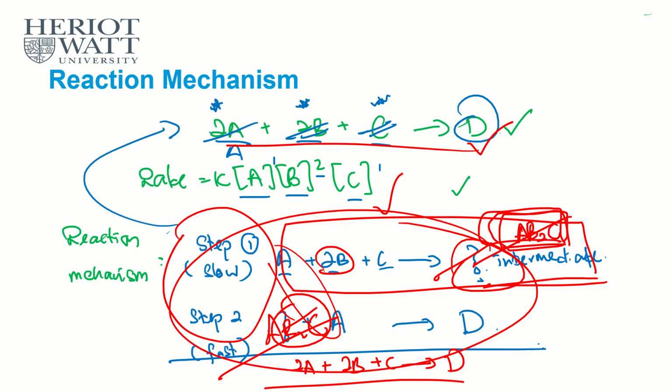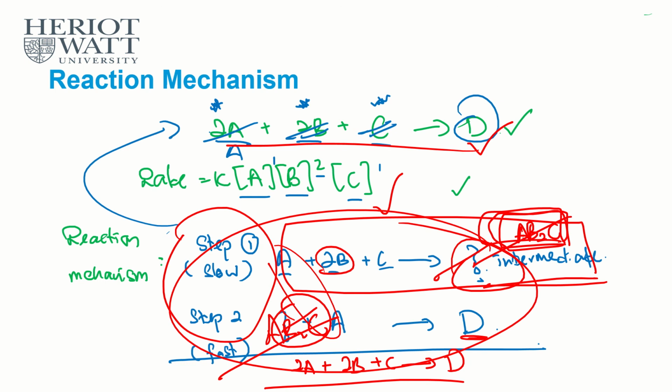In other words, it has no effect on the overall product formed. You see that? So the intermediate can be anything as long as that particular equation is balanced, and then you put that into the second step where you're going to cancel them out when you add up the two equations together. So this is how a reaction mechanism helps us determine the rate law.